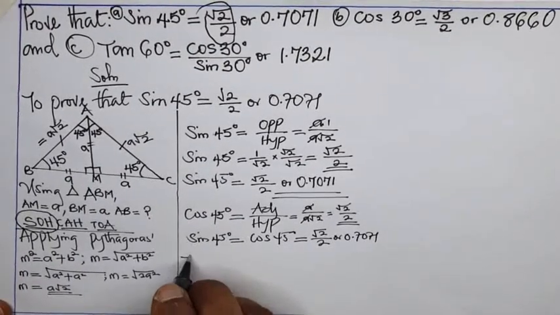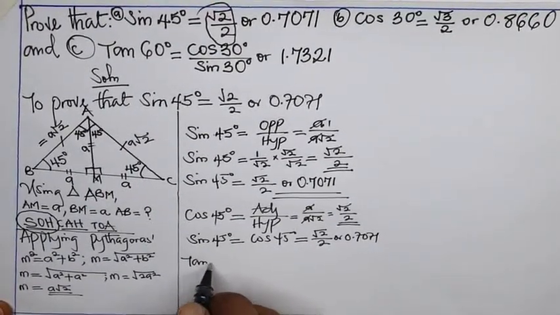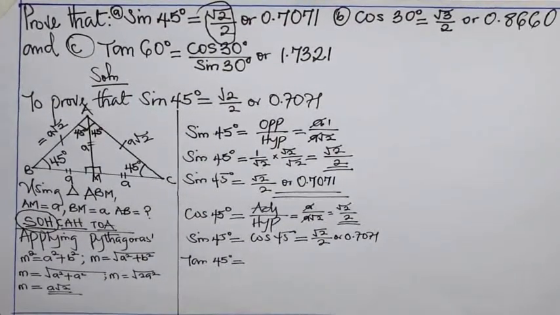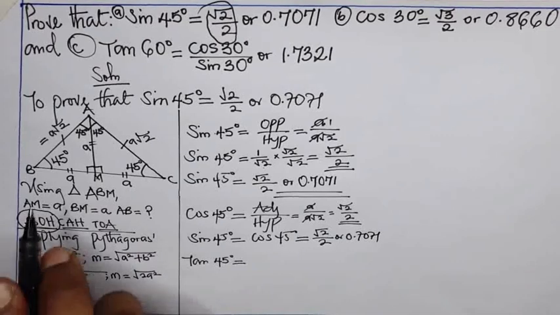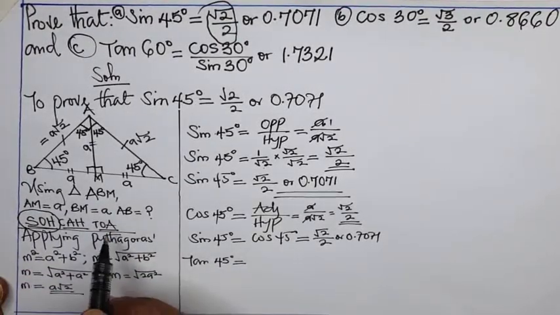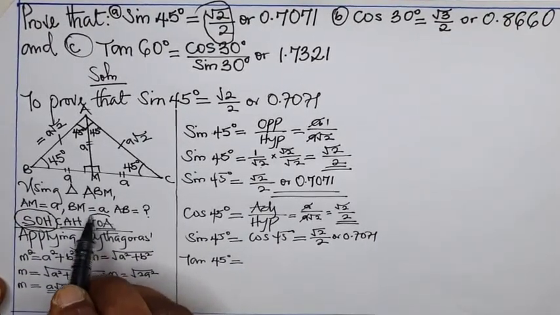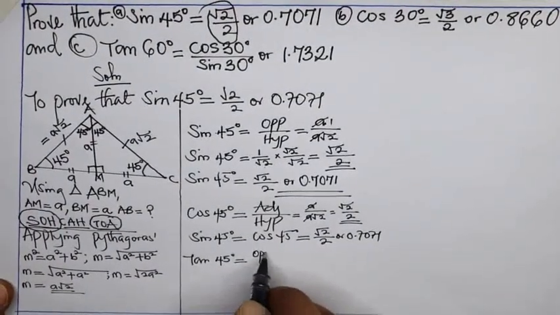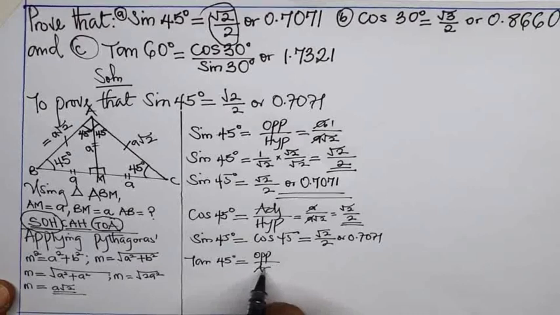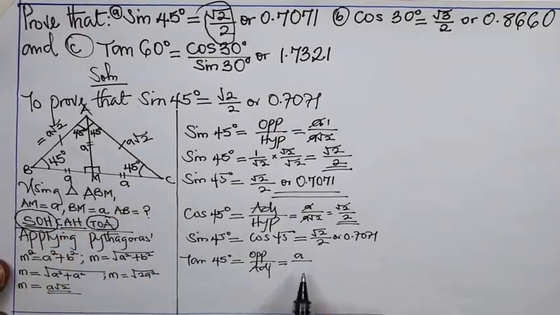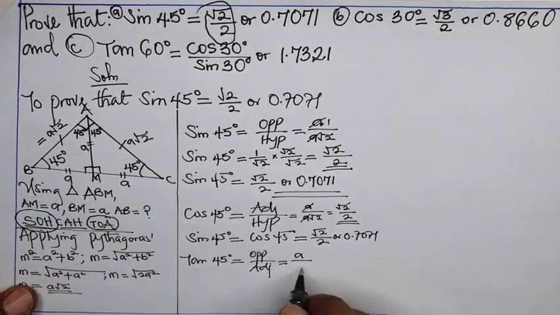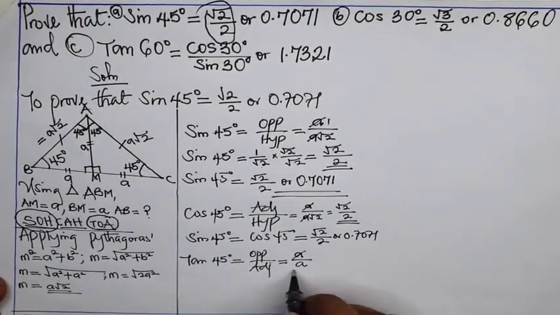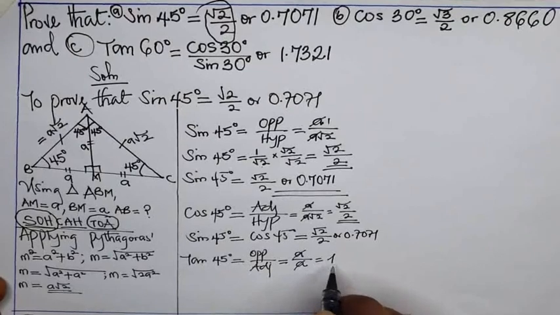What about the tangent of 45? Using the same triangle we have been dealing with from the beginning, or the second triangle, look here. Tangent in our trigonometric ratios is TOA, which is opposite upon adjacent, which is the same thing as opposite is A, our adjacent is also A. So it means that tan 45, when you simplify A and A, gives you one whole number.